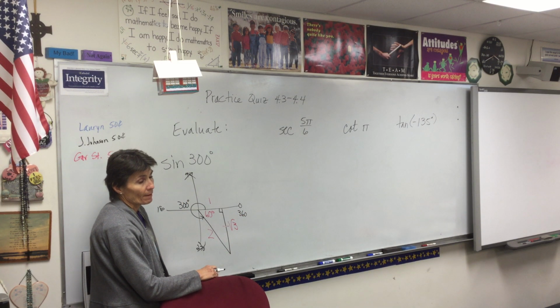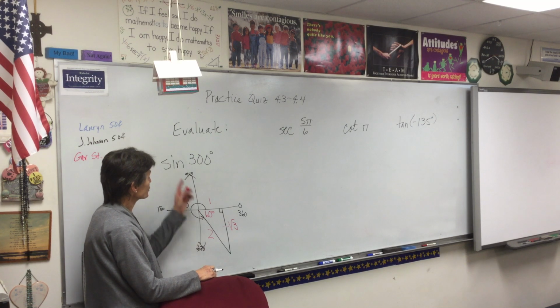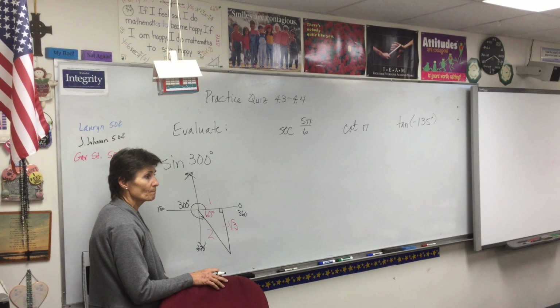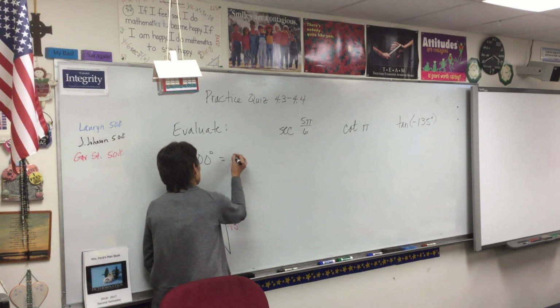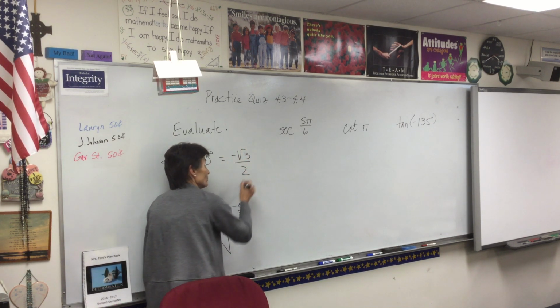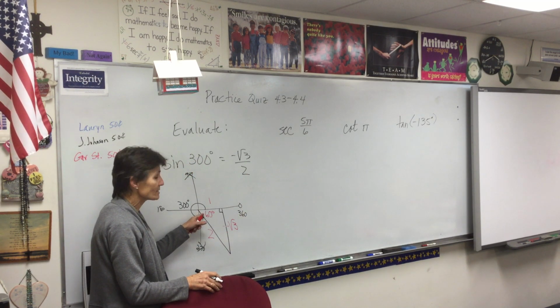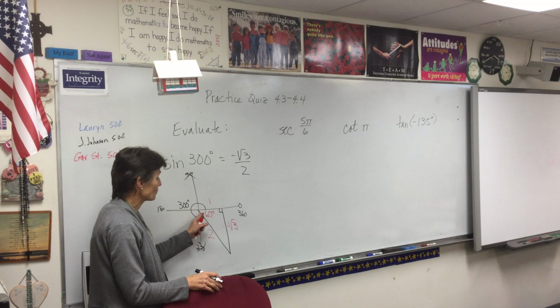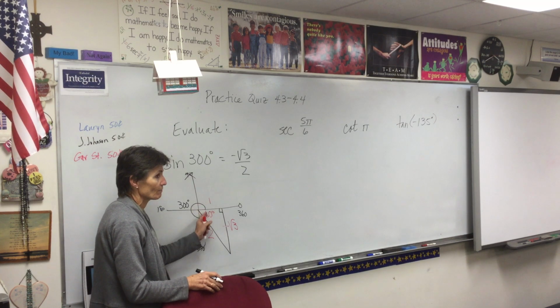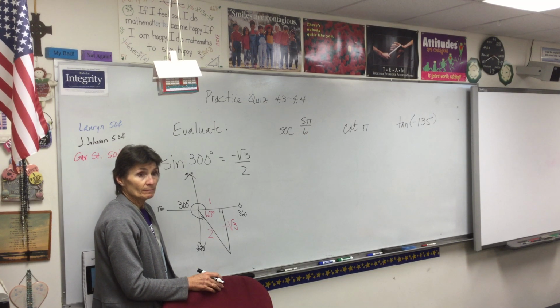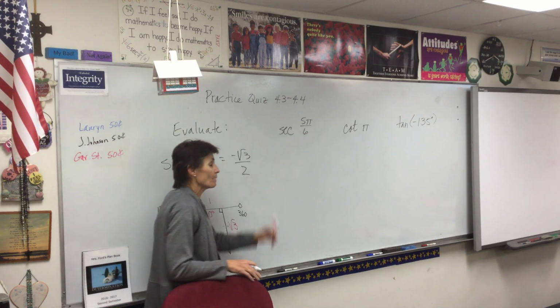Right? So I'm ready to answer the question. I want the sine. The sine would be what? Negative root 3 over 2. Because sine is opposite over hypotenuse. And it's always this angle right here at the origin. That's always the angle you're referencing from.